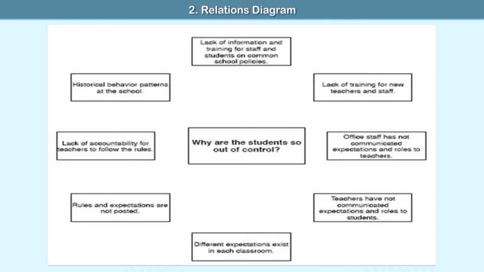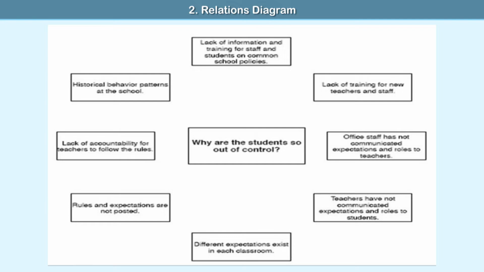Here is an example of a relations diagram. This example was completed with a team of teachers and administrators who were exploring why the high school had such unruly students.